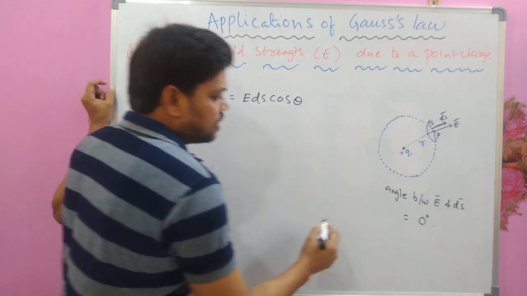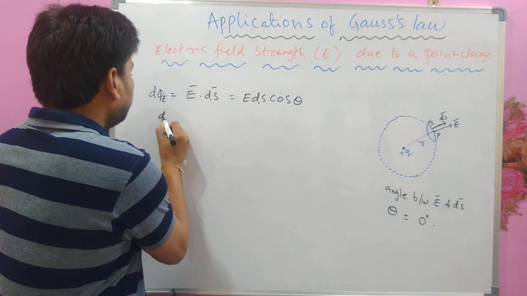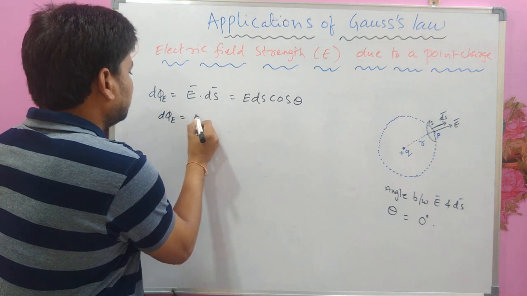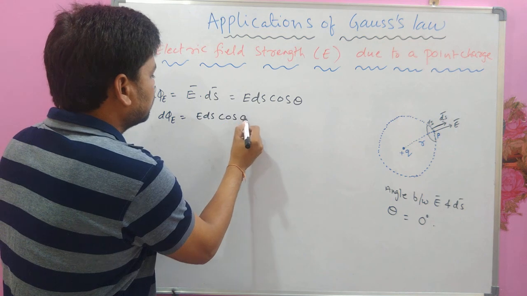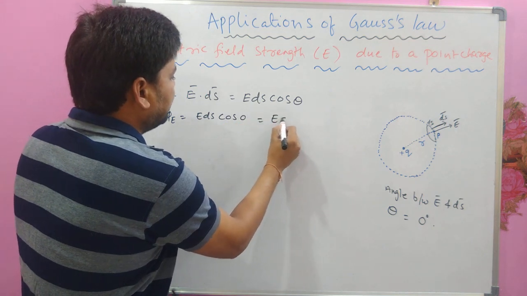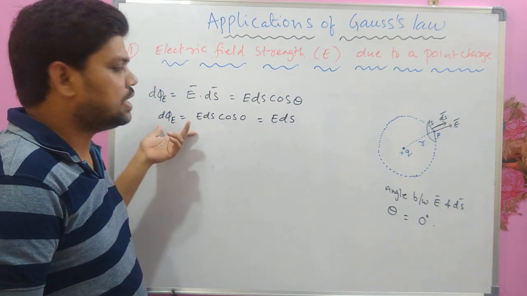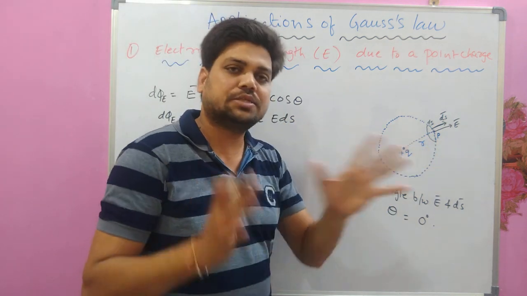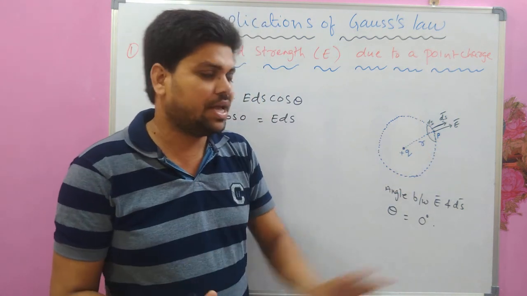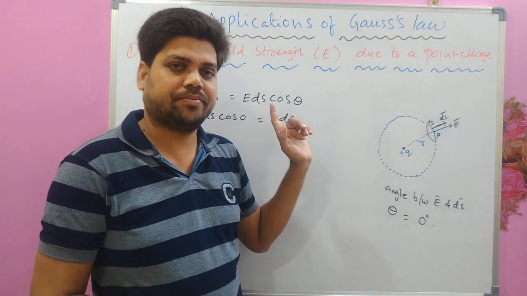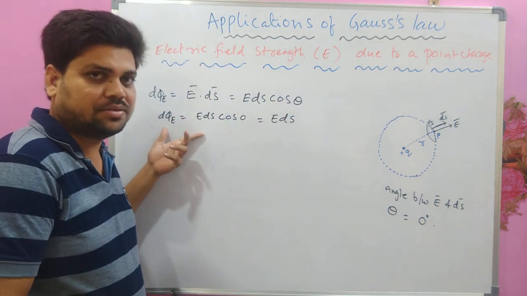What is theta? 0 degrees. So dΦE is equal to E dS cos 0, which is equal to E dS. This is the electric flux passing through a small area element dS that we have chosen on the Gaussian surface at that point P. The fifth step is done.